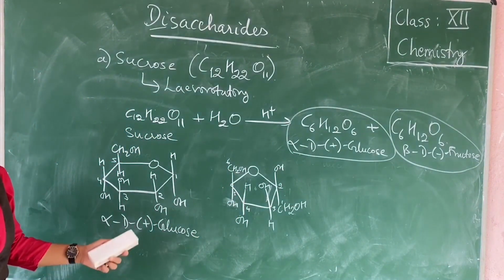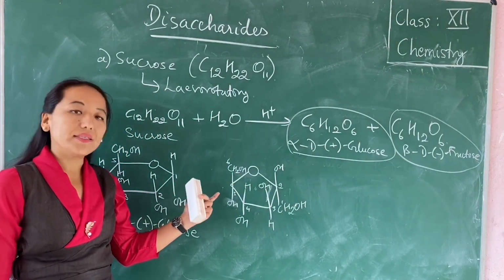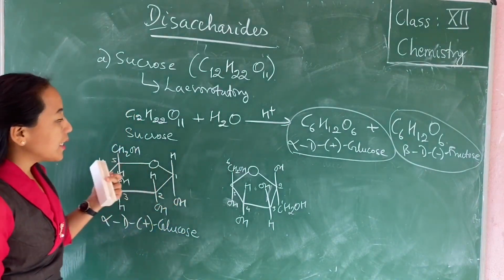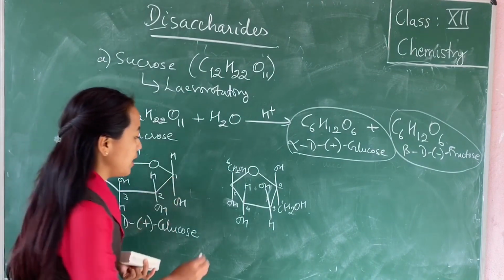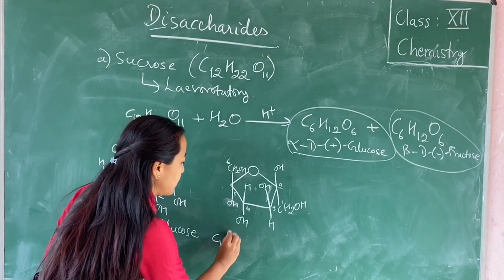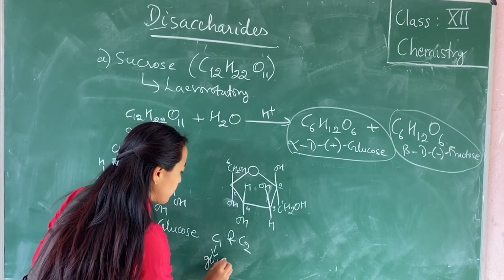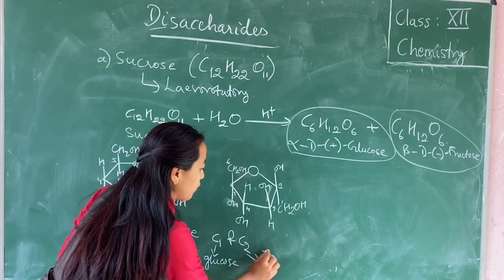Now a link is formed between these two monosaccharides in order to form sucrose, and the linkage is formed between C1 of glucose and C2 of fructose.